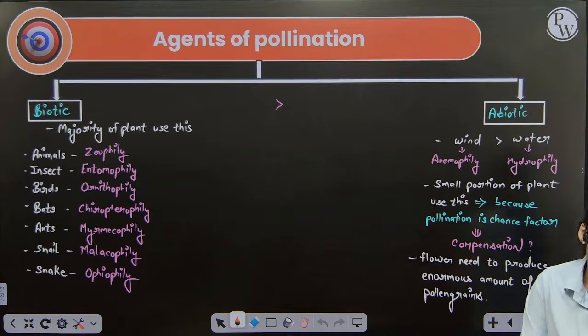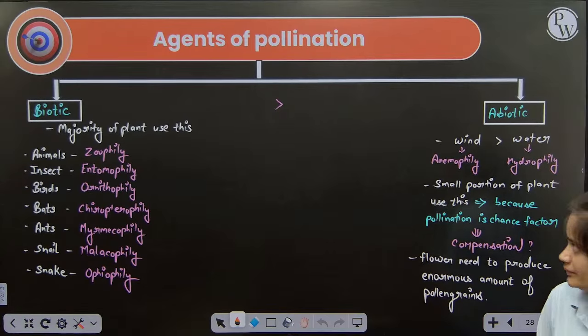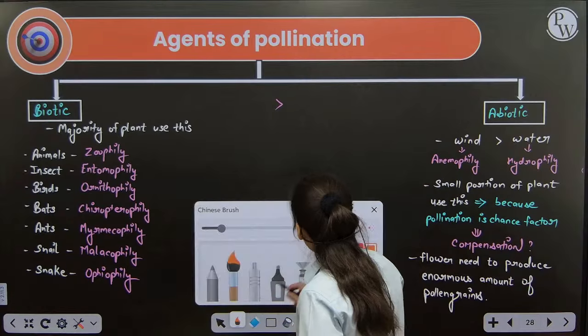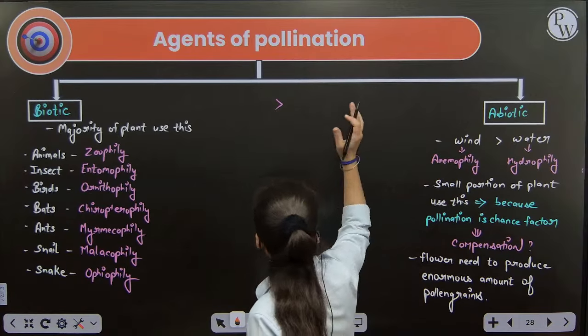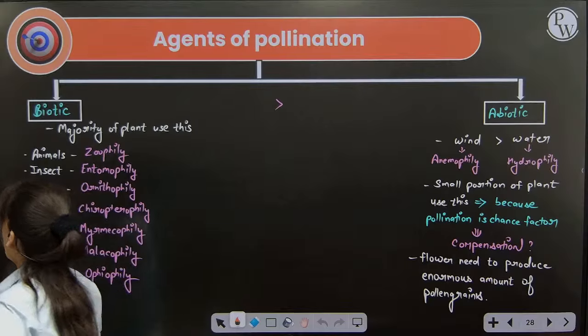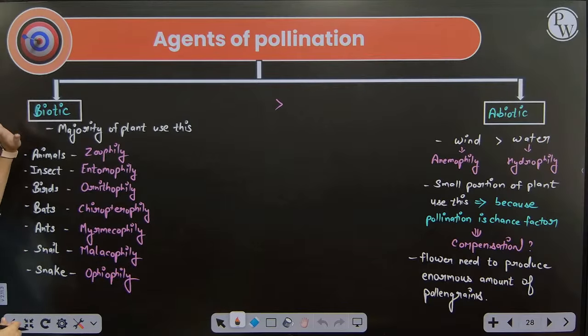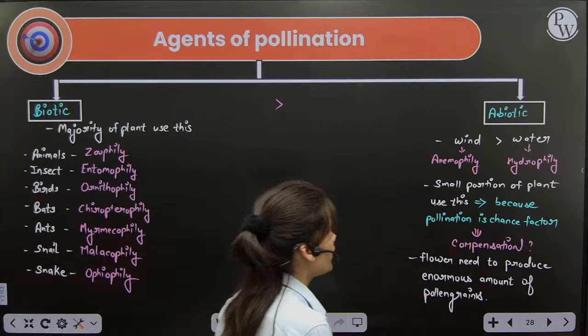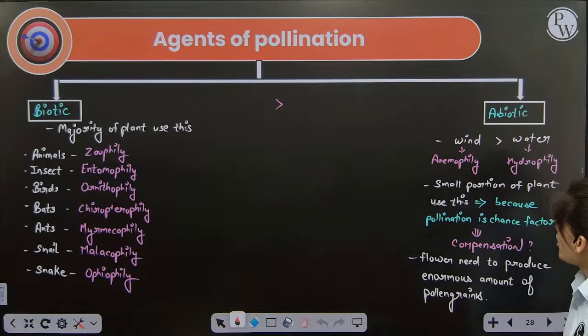Now, autogamy, geitonogamy, xenogamy are complete. Now we are going to start with agents of pollination. What are pollinating agents? Pollinating agents can be biotic and abiotic. In case of biotic, living organisms are used, whereas in case of abiotic, non-living ones come into play.